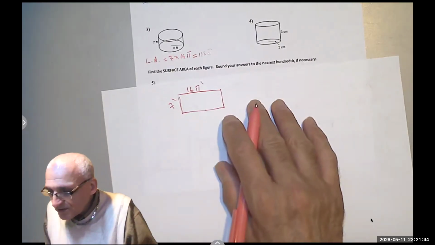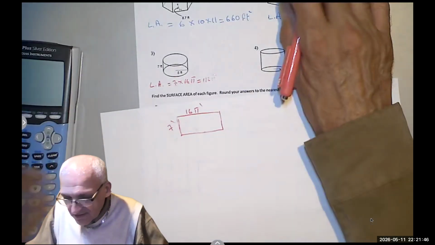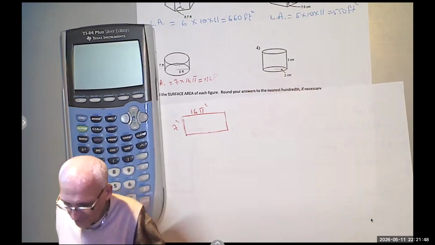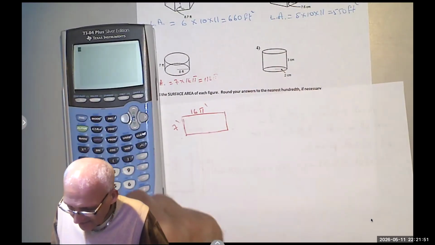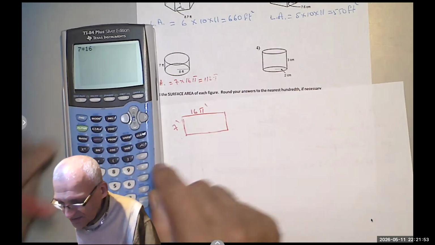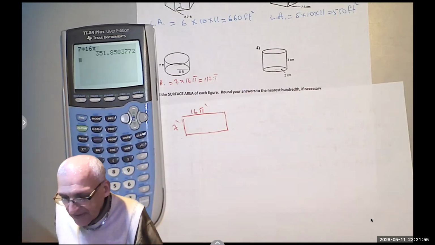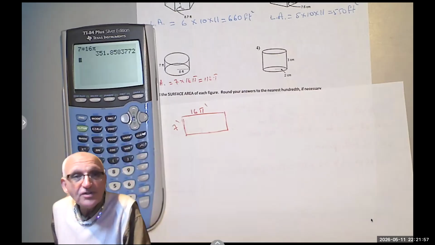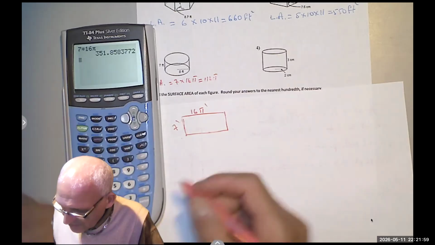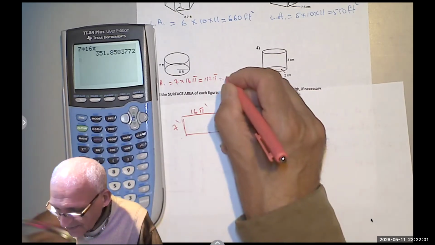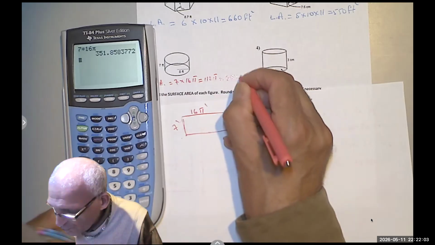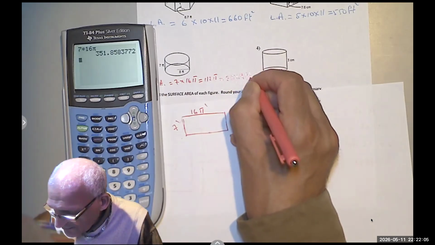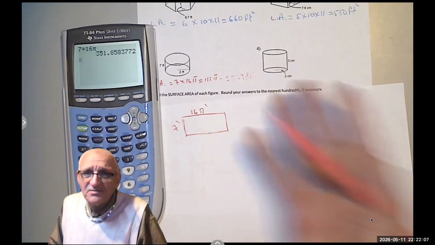And then since they want it to the nearest tenth, of course here it would be necessary, 112 pi gives you 351.85. And since we are rounding to the tenth, that becomes 351.9 square feet.